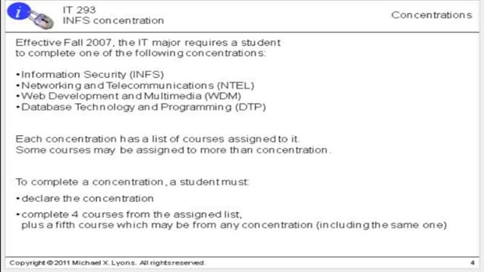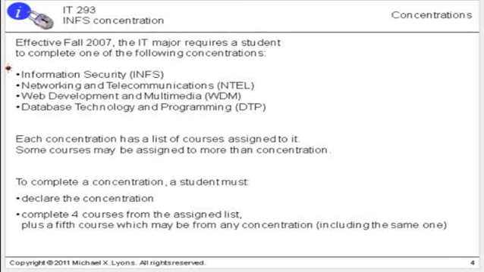The concentration that I'm talking about here, information security, is one of the 4 that we have effective fall 2007, which for almost all students who are seeing this video, you'll be in a catalogue year equal to or greater than fall 2007. So we have these 4 concentrations, and one of them is information security, INFS, that I'm talking about today.